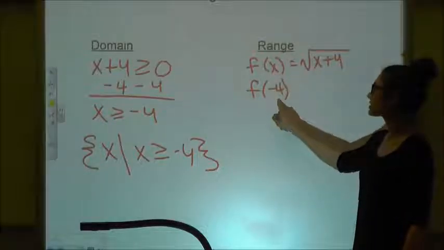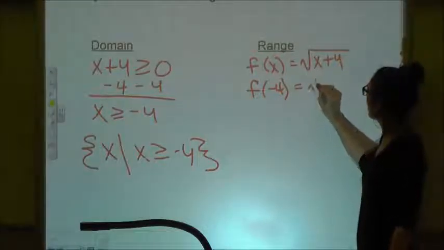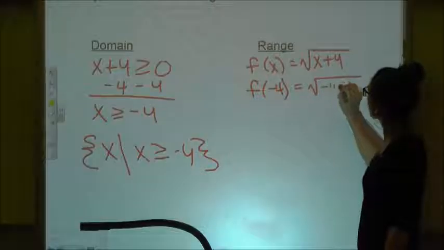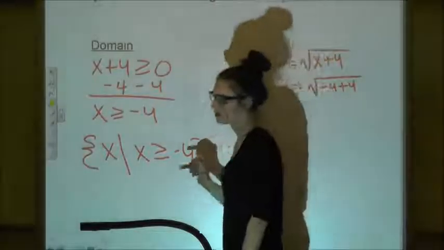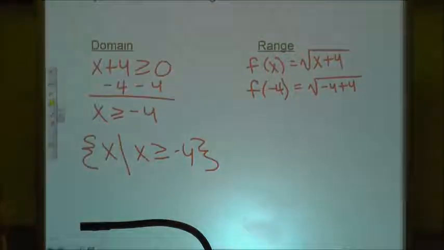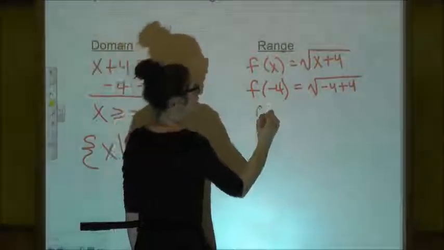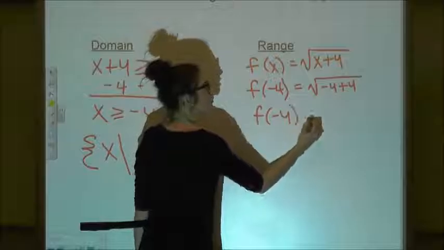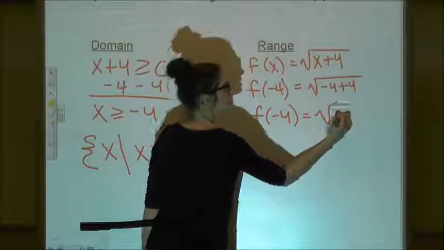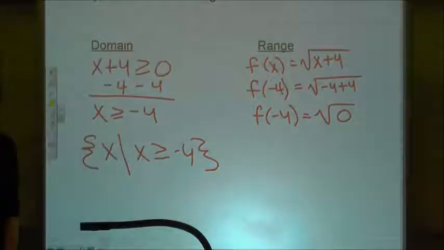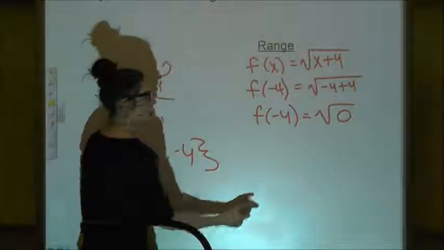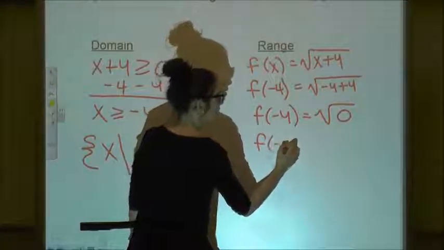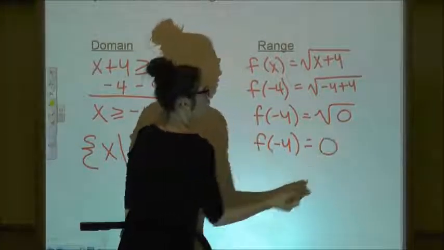Substitute the value of x for negative 4, and you get negative 4 plus 4. When you simplify, f of negative 4 equals the square root of 0. What is the square root of 0? 0. So f of negative 4 equals 0.